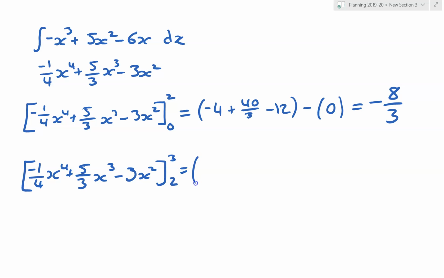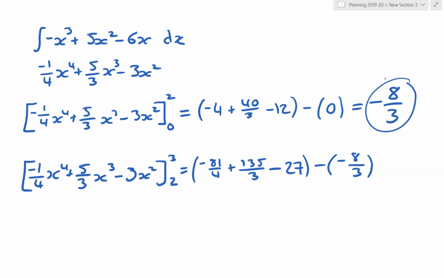Okie dokie, if I sub in the 3, I'm going to get 3 to the 4 is 81, so -81/4, plus 27 times 5 is 135, over 3, minus 9 times 3 is 27. Then take away, when I substitute 2 in, I know I'm going to get -8/3 because that's what I got up there.